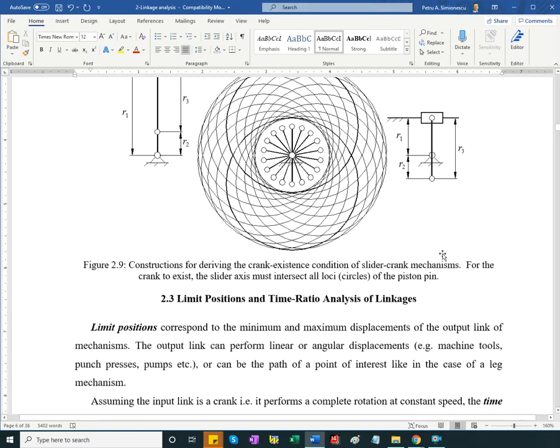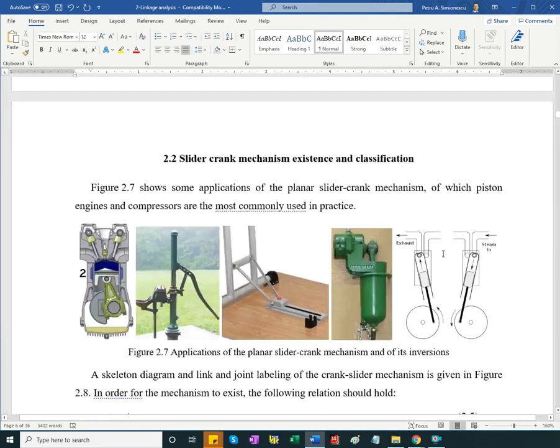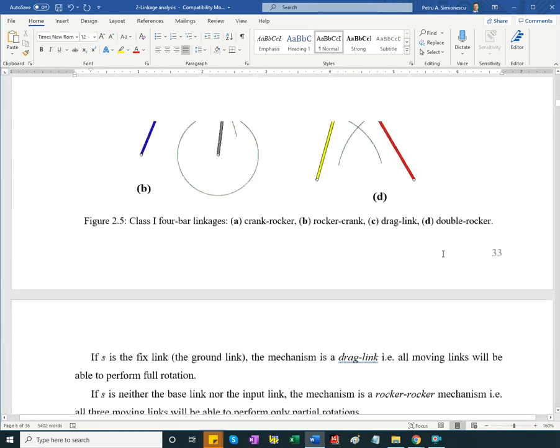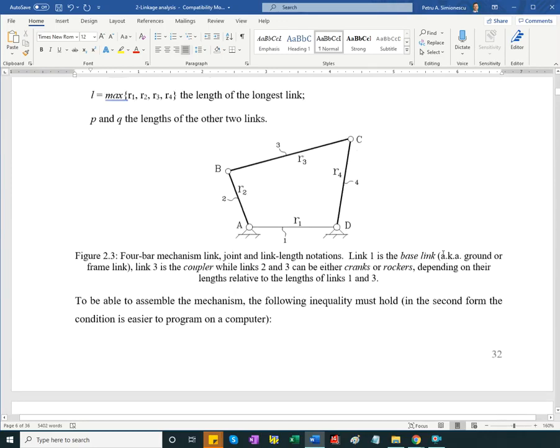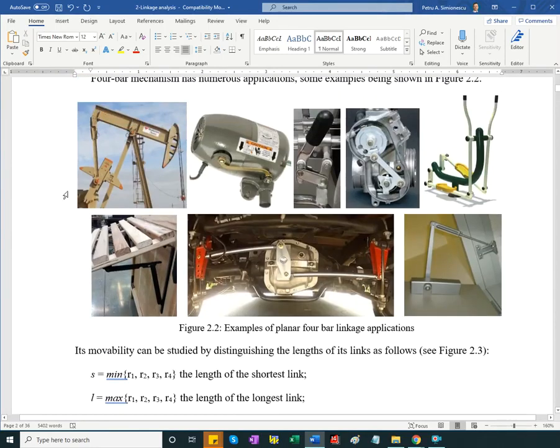Think of the examples here. Think of the oil pump. In the oil pump, I have continuous rotational input. I have the active stroke when the horse head moves up. I'm pulling the rod, the sucker rod, out of the ground. It lifts the oil up. And then I have the return stroke where I'm not doing work.